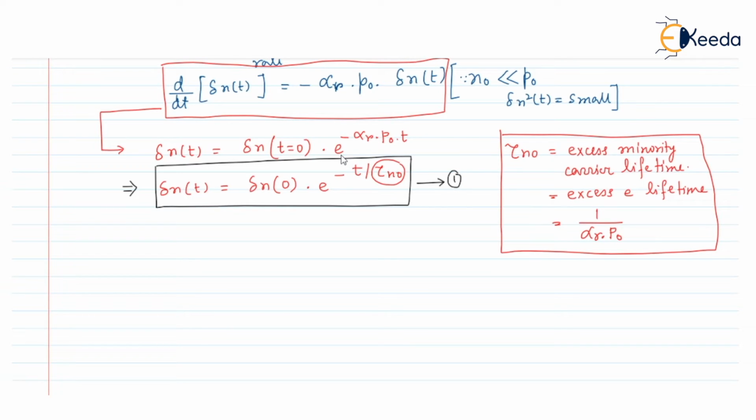So we can say that the excess electrons that have been generated inside the p-type semiconductor due to the incident of light are a function of time, and as time increases, the δn value will decrease exponentially.